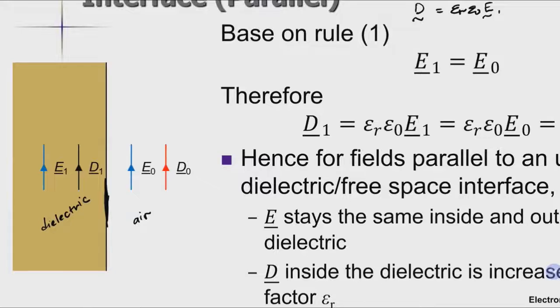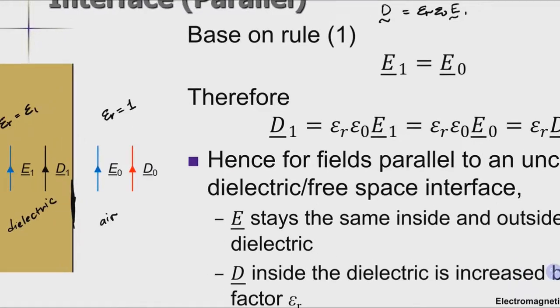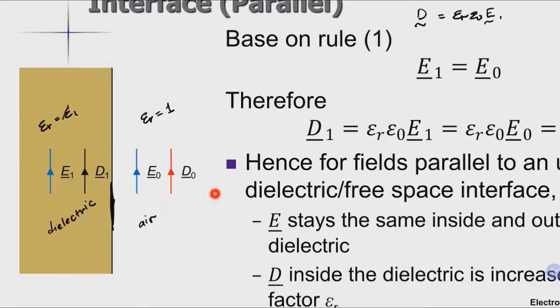So this is air, epsilon r is equal to 1. The dielectric material, we call it E1, so I call this epsilon r equal to epsilon 1, let's say, or simply epsilon r. In my equation, I just use epsilon r. So the materials have a dielectric or relative permittivity, epsilon r; in free space it is equal to 1.